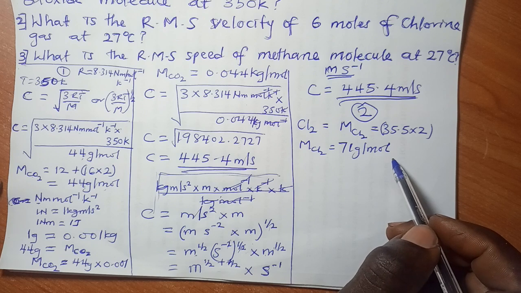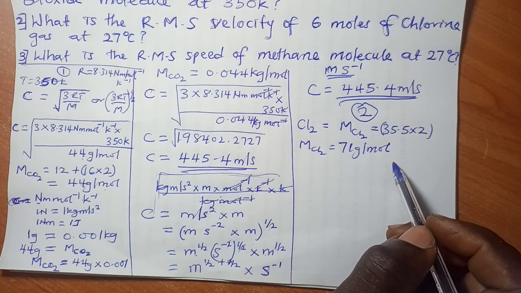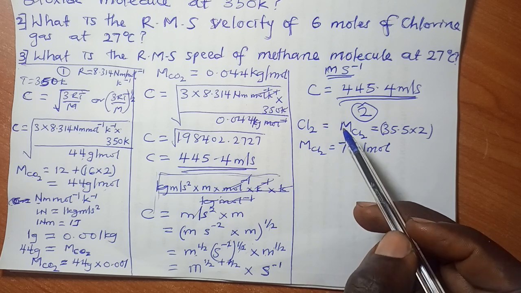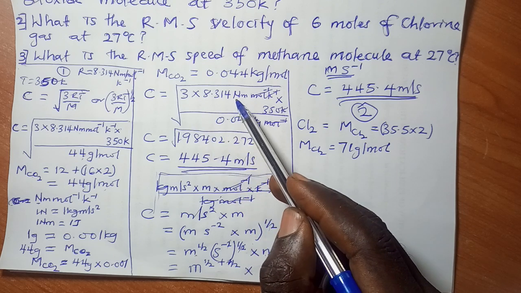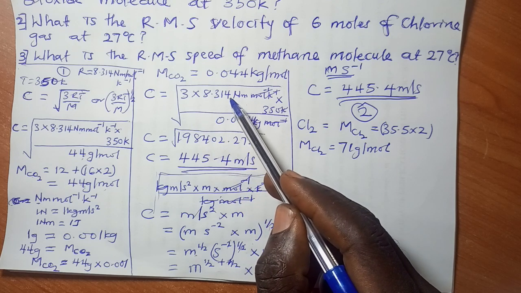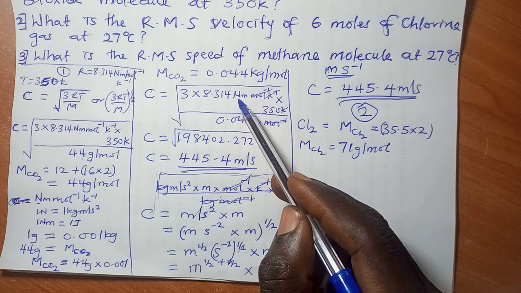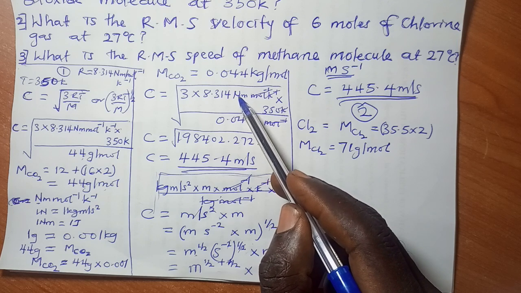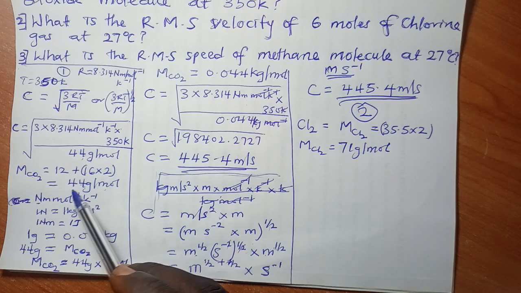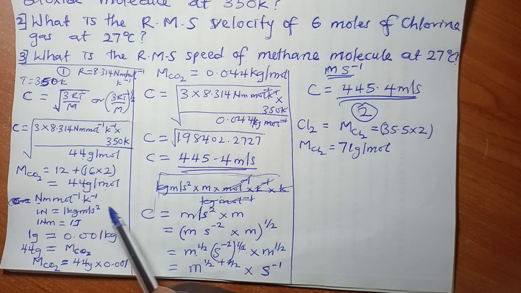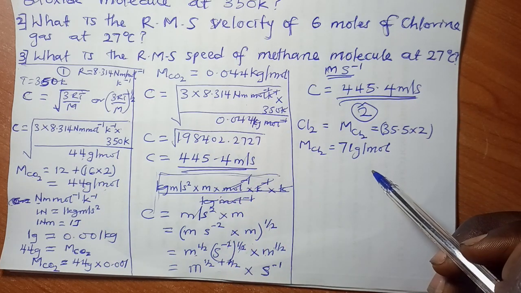Why are you converting? Please let me reiterate it again. If you look at the one we did here, you have Newton meter, or let me just say kilogram meter per second square, because 1 Newton is equal to kilogram meter per second square.